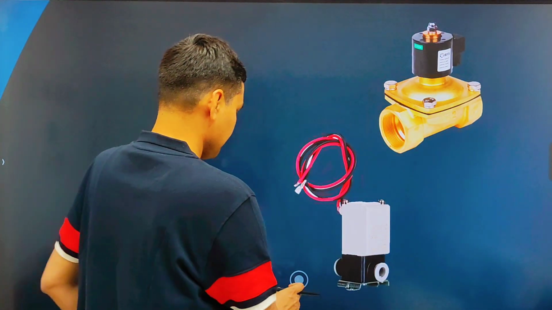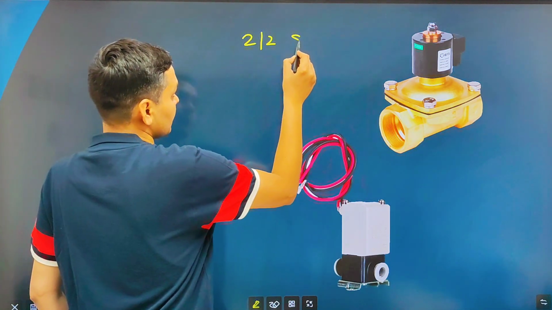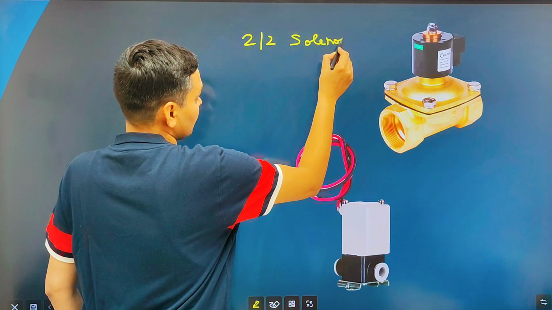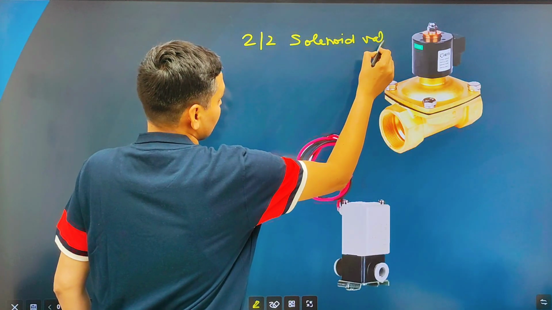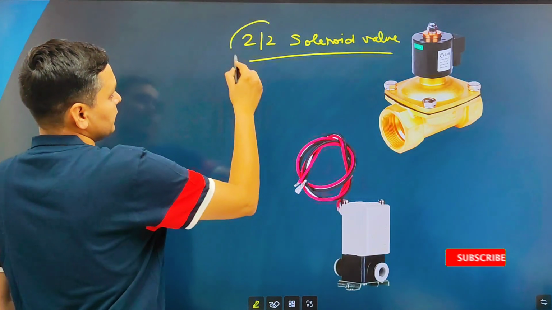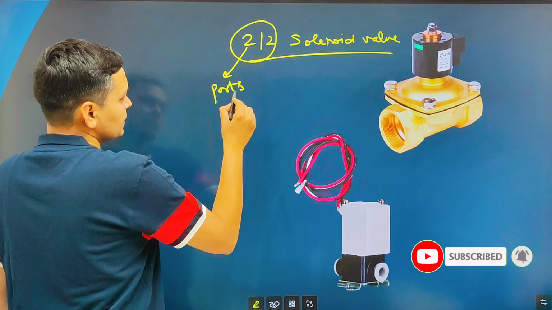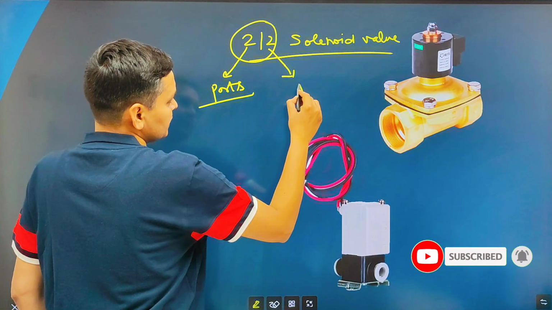The first type is the 2x2 solenoid valve. Now what does it mean? It means that these are ports and it shows position.